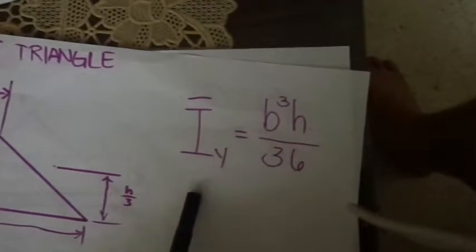To get the moment of inertia at the y-axis, I bar y is equal to b cubed h over 36. To get the moment of inertia at the xy axis, I bar xy is equal to negative b squared h squared over 72.